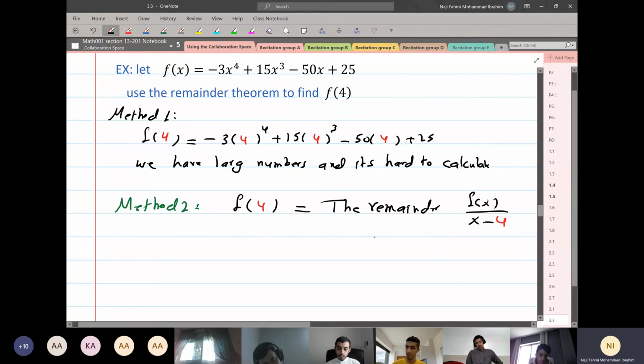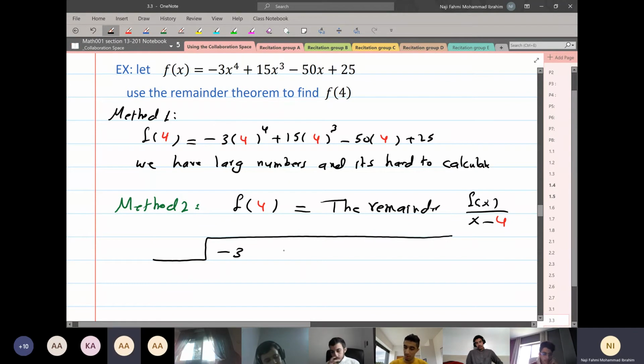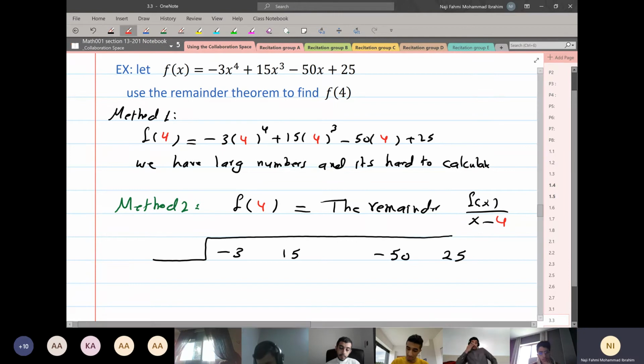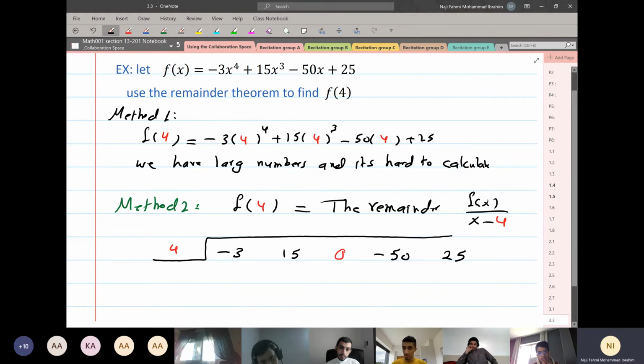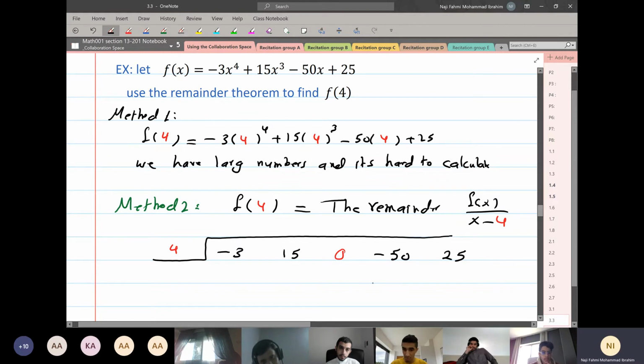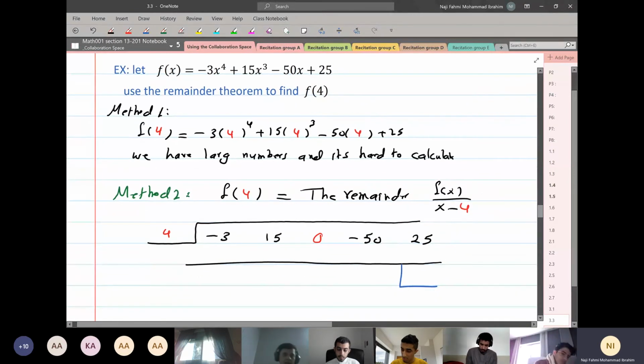So put the synthetic division and start dividing. What are the coefficients? We have -3, we have 15. Do we have any missing term in the f of x? Yes, x power 2. If we have any missing term, we have to replace it with 0, and we'll divide by 4. Start dividing now. Of course, we are dividing just to reach the remainder, which is what we need. I want you to find the remainder now.